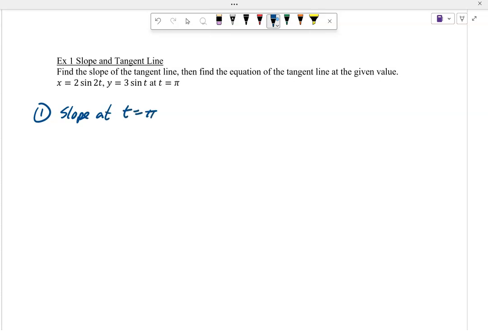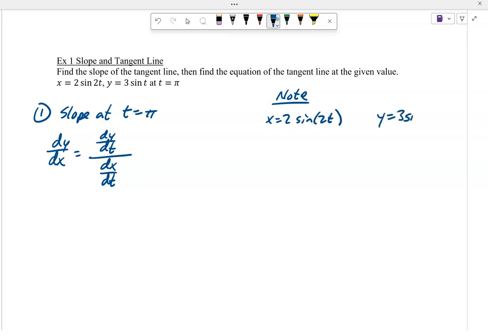All right, so we need to find the derivative, of course, gives us our slope, right? dy/dx is defined as dy/dt over dx/dt. And so we're going to go to the side here and note we have x is 2 sine of 2t, and we have y being 3 sine of t.